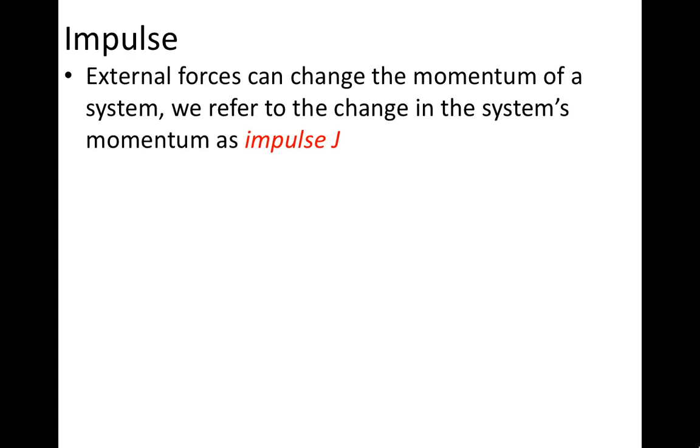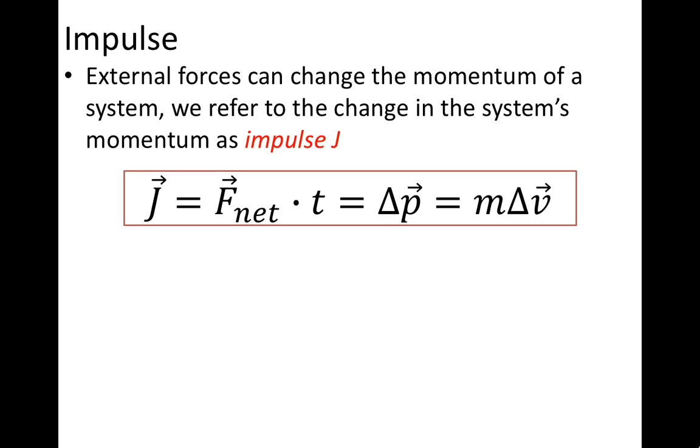As discussed, external forces that generate a net force can cause the momentum of a system to change. We refer to this change in the object's momentum as impulse, and we use a capital letter J to represent that. And here you see a big long equation. We've got 4 parts to this, and they're all representing the same quantity.